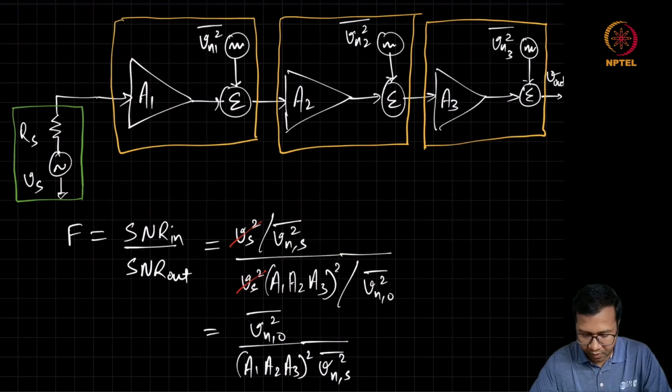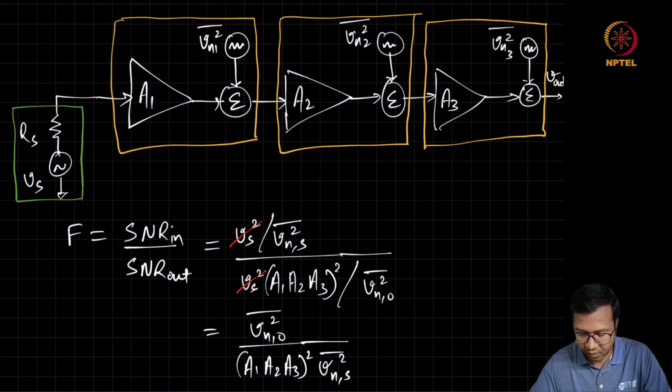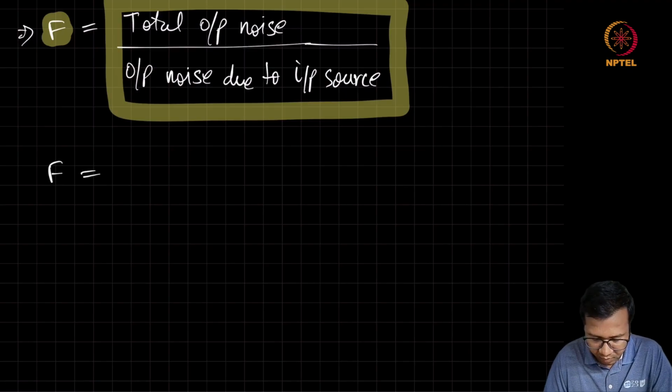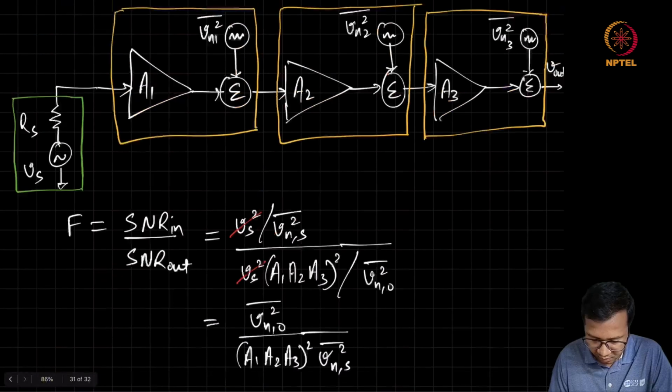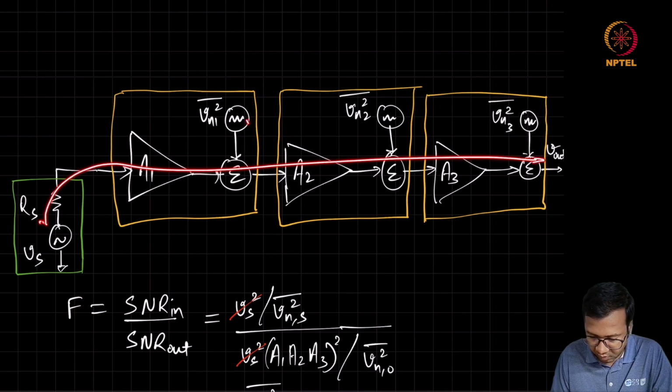Now let us try to find out what is the noise figure of these three stages of gains cascaded. So using this relationship, we can write noise factor as total output noise divided by noise due to input source. The total output noise is going to be the noise due to Rs, which is appearing at the output, due to Vn1, Vn2, Vn3.